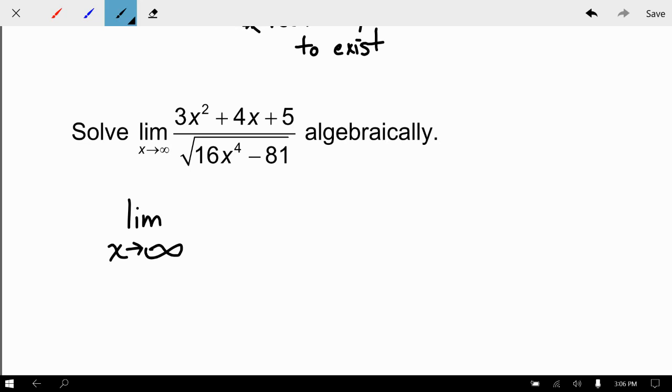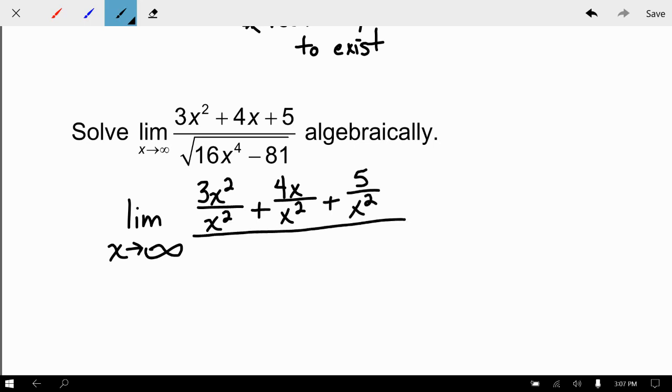Essentially, I'm going to multiply everything in the numerator by 1 over x squared, and everything in the denominator by 1 over x squared. In the numerator, I would get 3x squared over x squared plus 4x over x squared plus 5 over x squared. You can see how I've multiplied by 1 over x squared to all the terms.